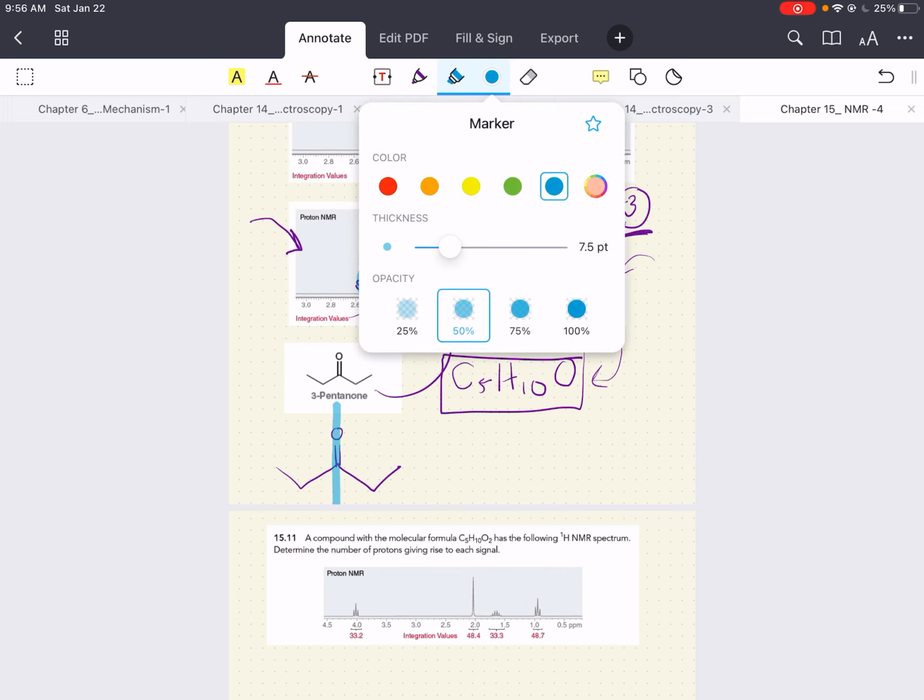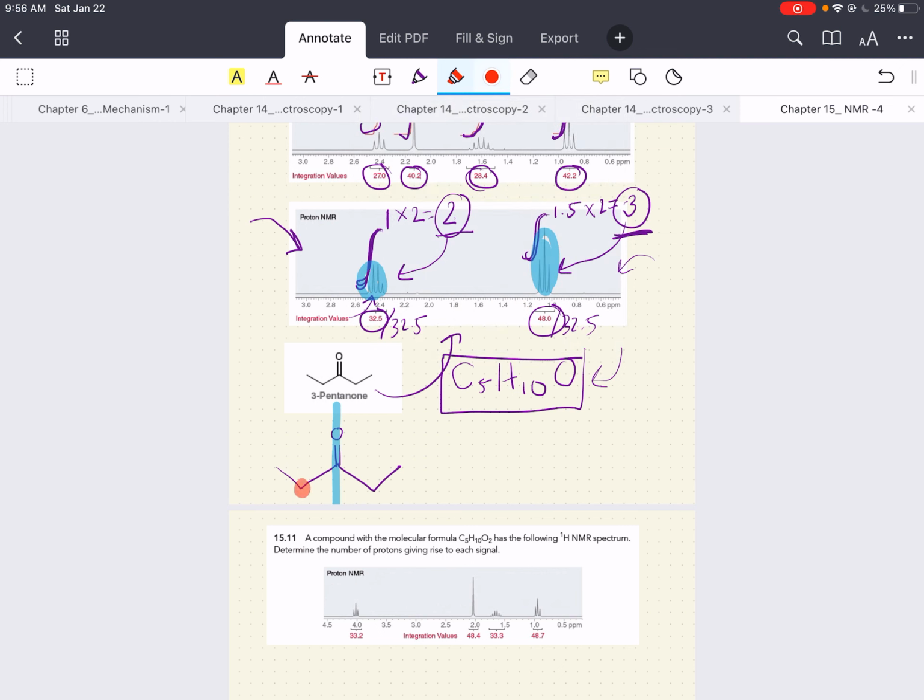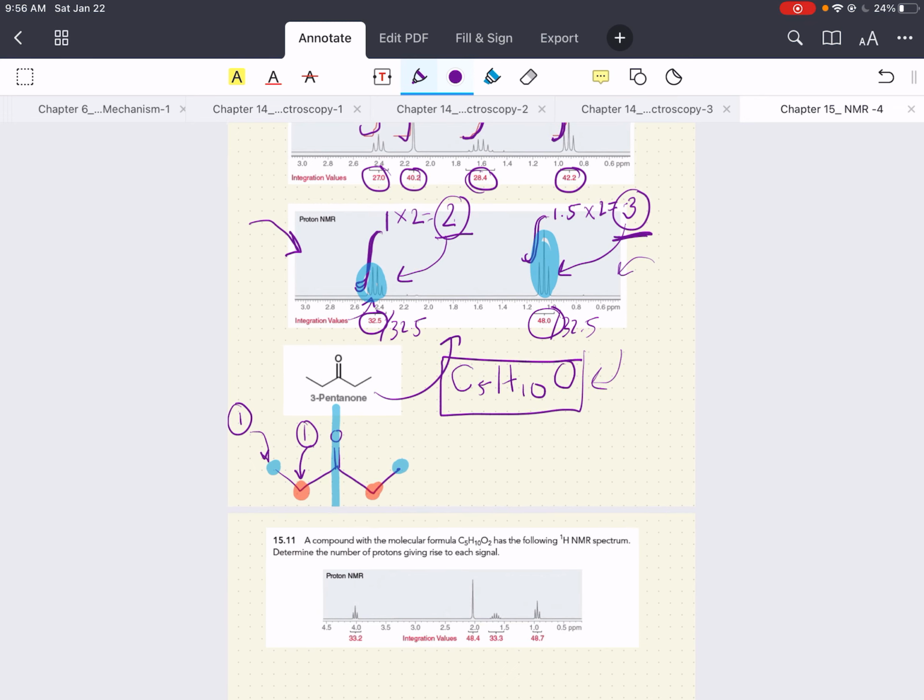What that means is this position is chemically equivalent to this position, and this position is chemically equivalent to this position. The only signals we're going to be seeing is for this position and this position, because the other two are chemically equivalent. And we get one signal here and only one signal here because those protons in each of those positions are chemically equivalent. So we're only seeing 2 total signals.